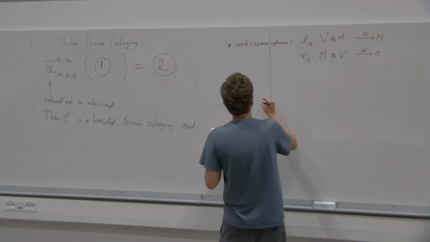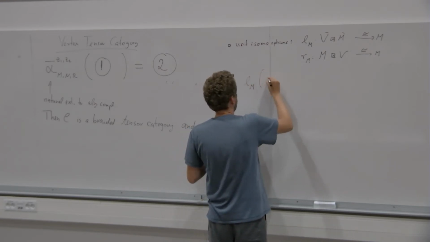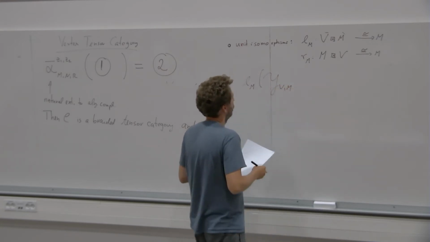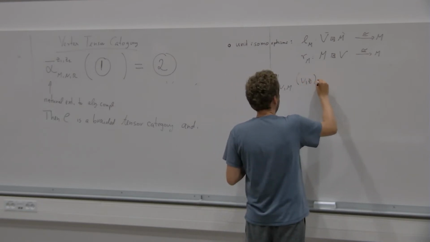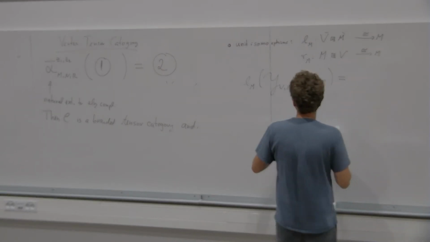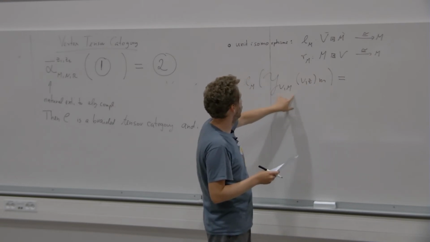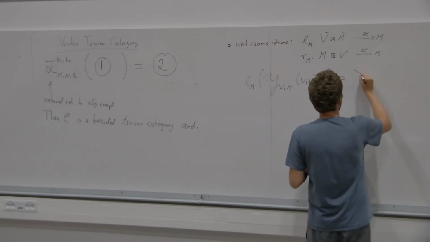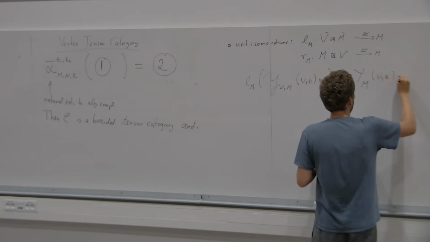And we always explain what this is on the fields, in this case, on the VOA action on the module. Here we have something in our module, and the VOA is acting on it via the fields. How can we define this? Well, we define it by the module action.